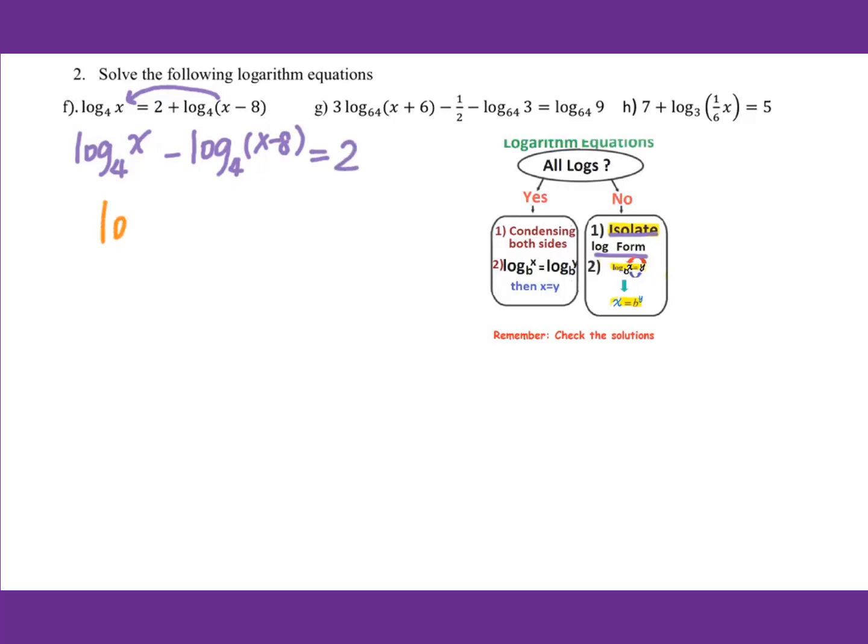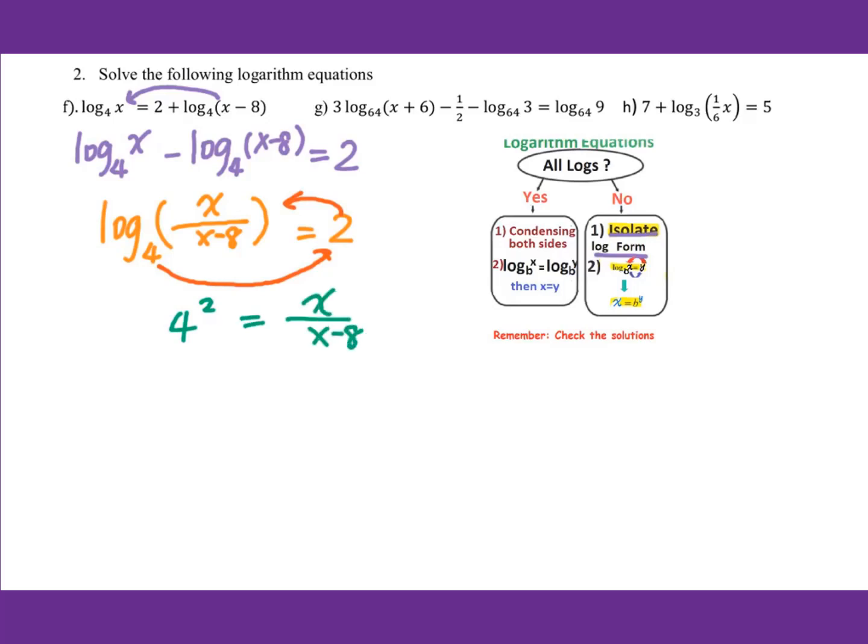Then condensing the log, subtraction means division, x over (x minus 8) equals 2. Then do the circle, change into exponential form. You will get 4 to the second power equals x over (x minus 8).